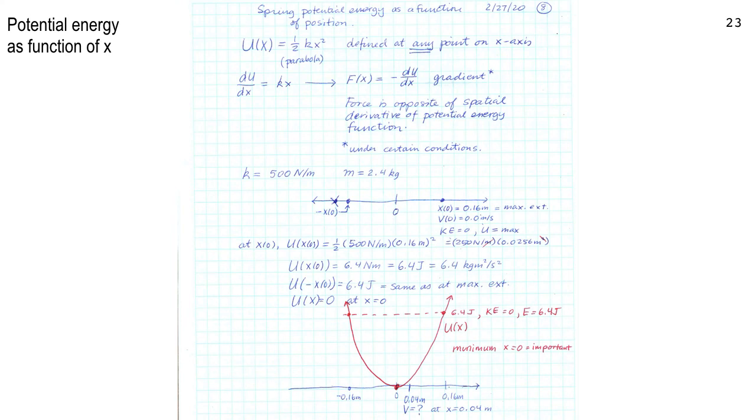So this is 0.4 joules right there. So that means that I've got 6 joules of kinetic energy here. Oh, you're right. 0.4 joules. Yeah, I've got it right in front of me.